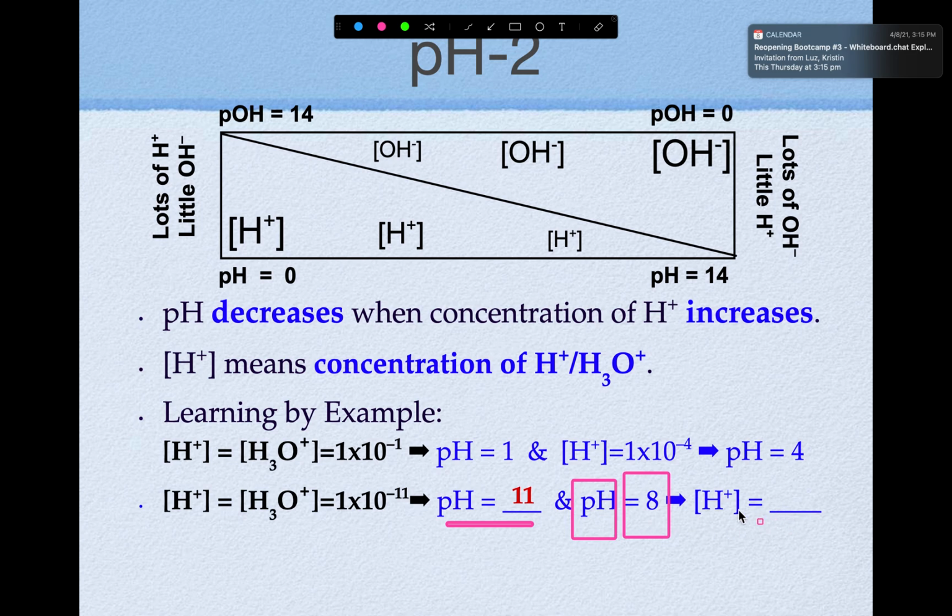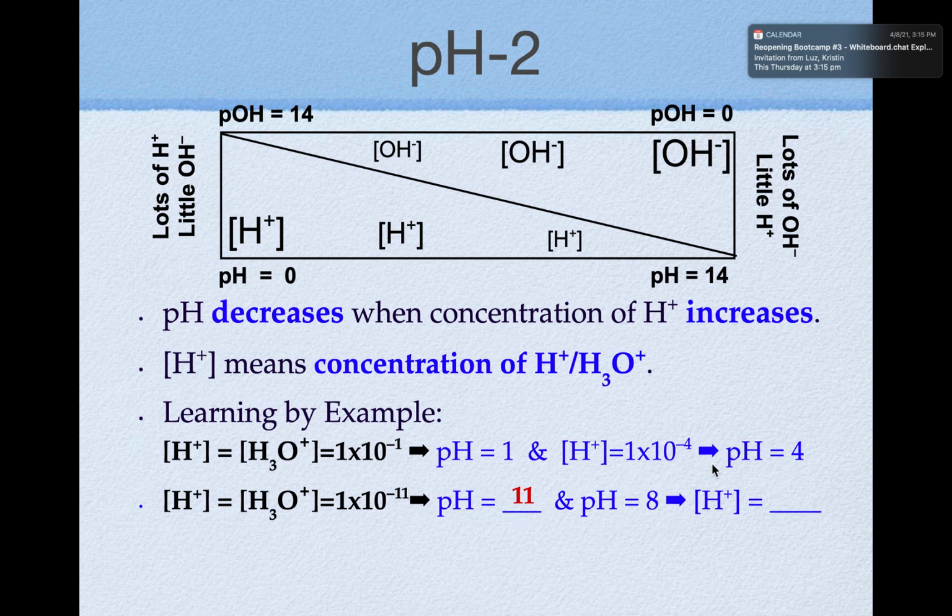Could we figure out the concentration? Sure, we would just work backwards. Like we would go from 4 to -4. So that would mean that I would have this concentration in molarity. There you go.